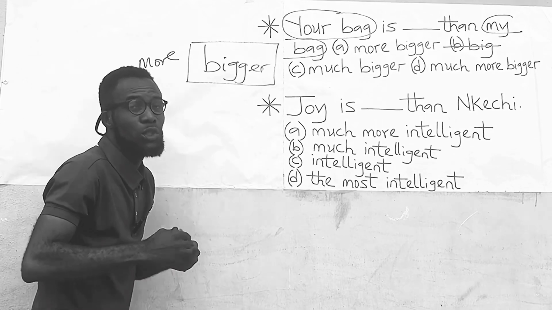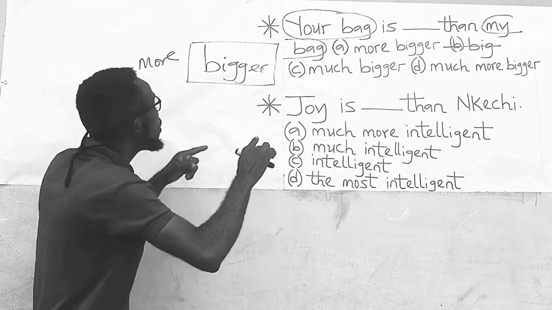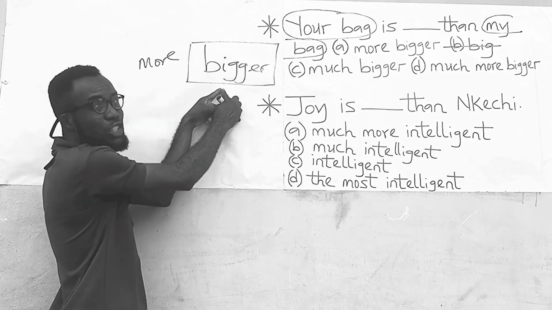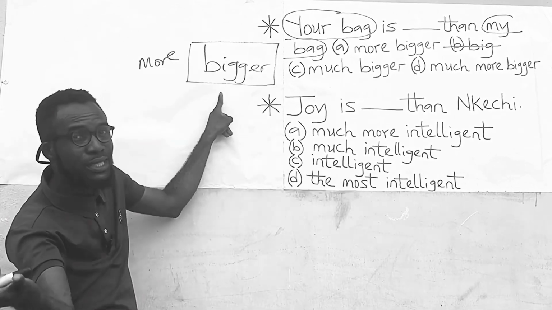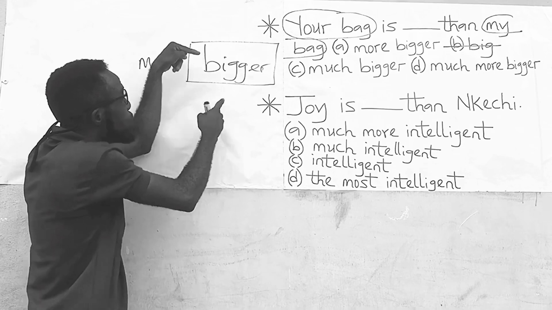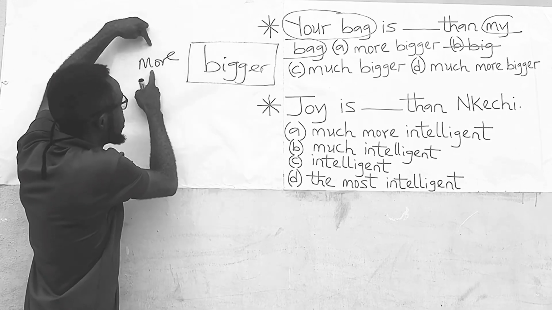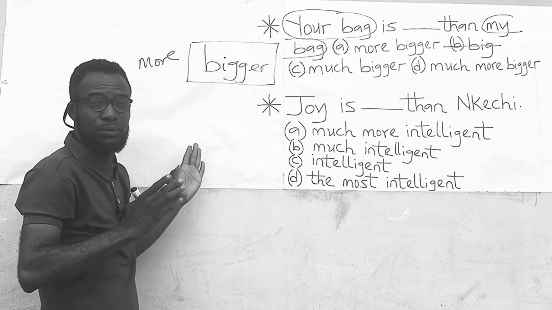That was why I said, to be on the safe side, first of all, write out the comparative adjective before thinking of preceding and not preceding. So we cannot precede this comparative adjective by more. So there is nothing as more bigger.